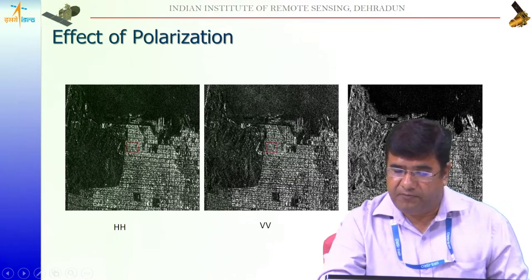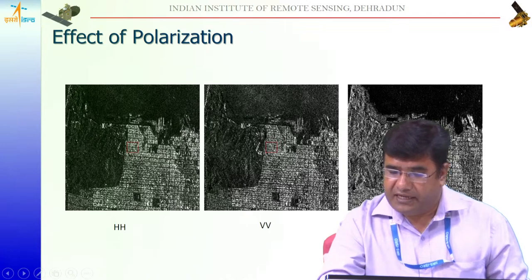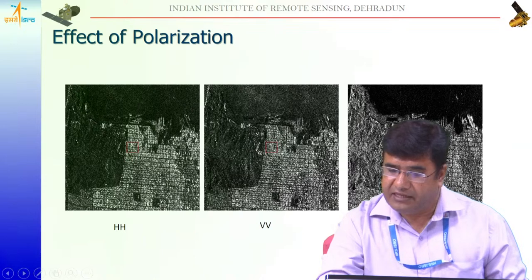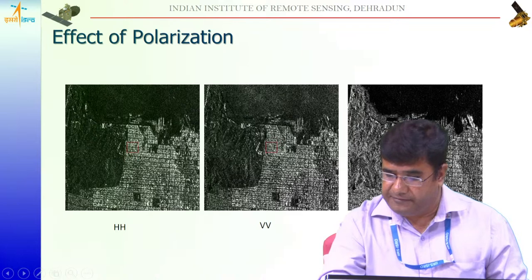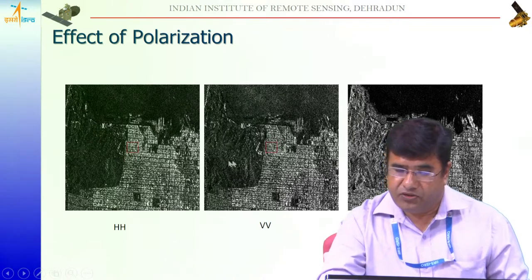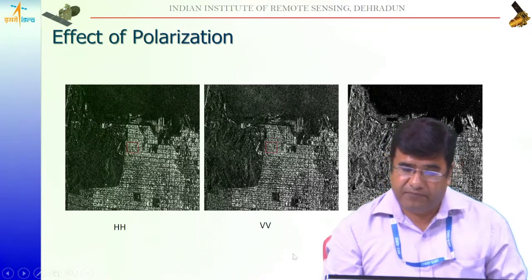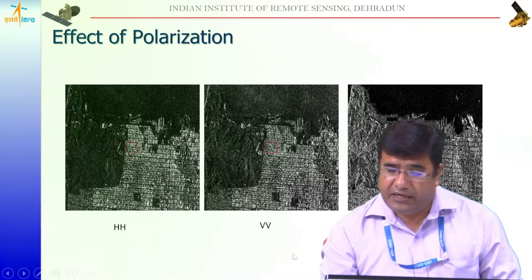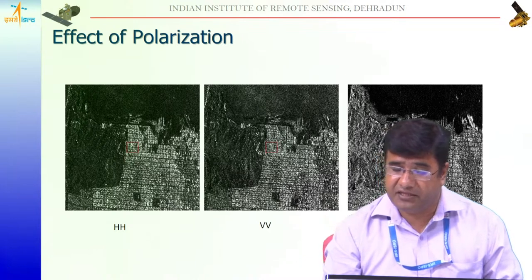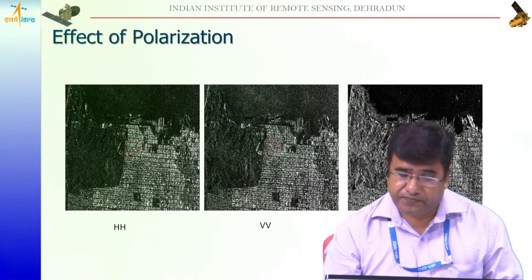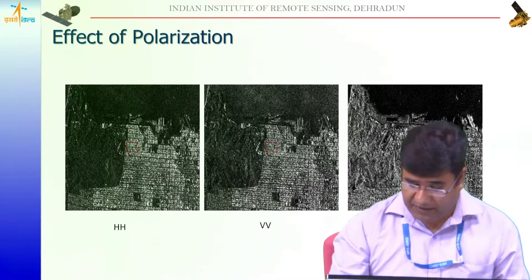But in the HV polarization, because we are sending H and the vegetation changes the polarization to V, and we are receiving V only, we can see vegetation has the higher backscatter and it is mixing with the buildings. So this is the difference between all three polarizations, how the orientation and the volume scattering affect the backscatter in the SAR image.